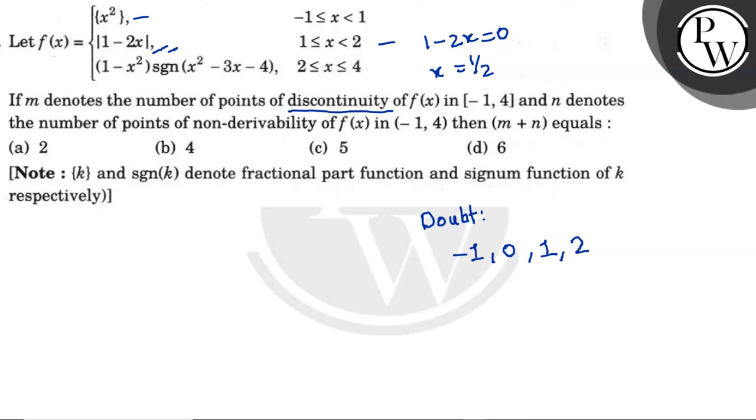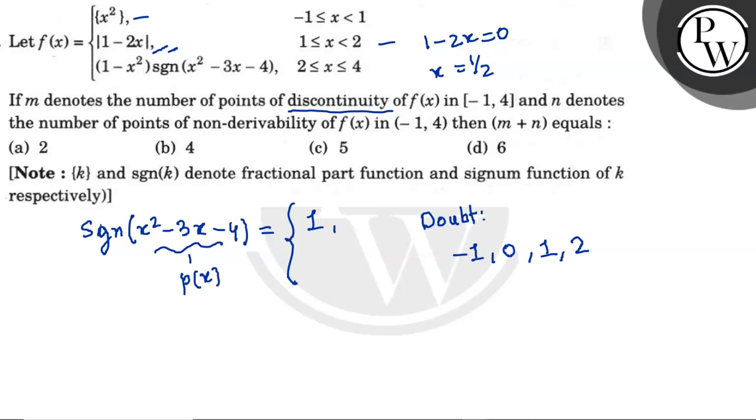Now the signum function is defined as: if we consider this as p of x, then if p of x is greater than 0, then we have 1.